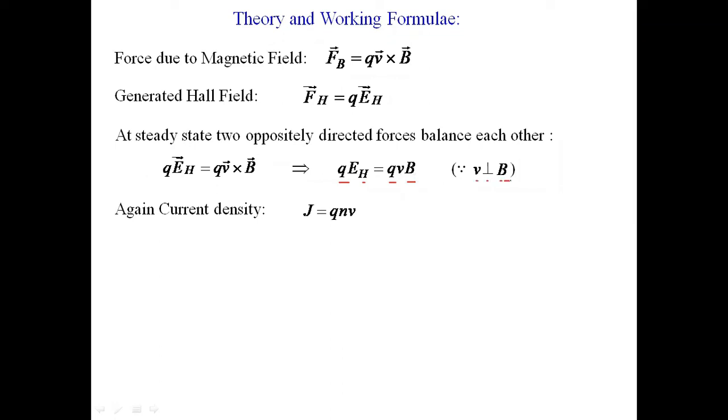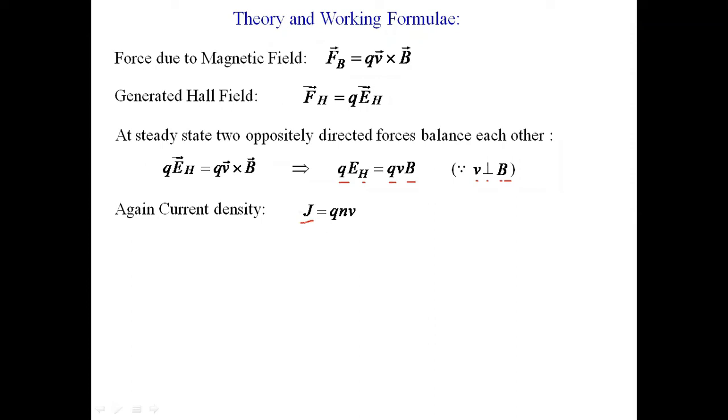Now, from our knowledge of current density, meaning current passing per unit cross-section area. We know current passes through a wire generally. If we consider a thin wire, the amount of current will be different from that in a thick wire. So if we want to understand the amount of current passing per unit area, we use current density, J. So current density is current measured per unit area, and its unit is ampere per meter square.